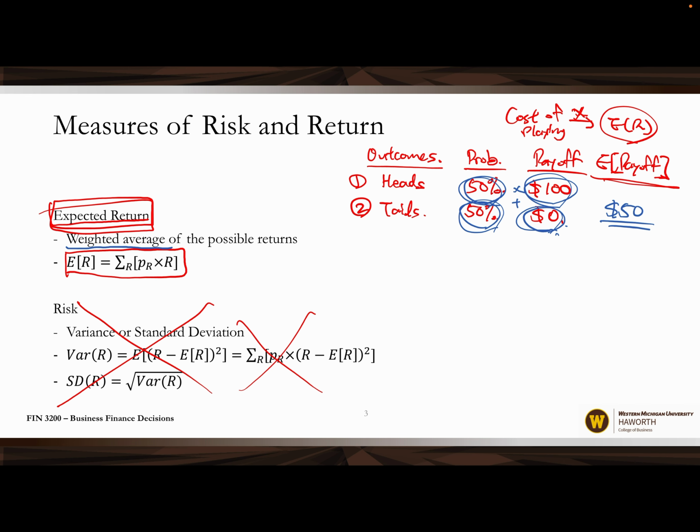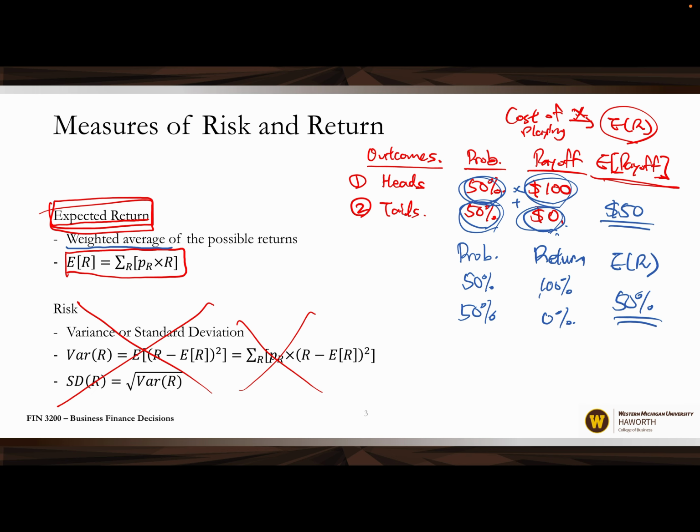Okay, so if we had a return example, we can say the probability of the coin flip remains the same. Maybe this is 100% return, 0% return, then the expected return will be 50%.